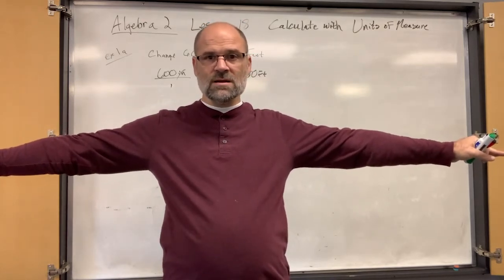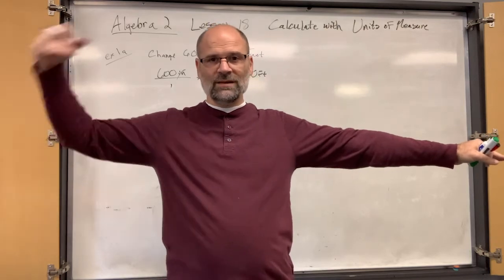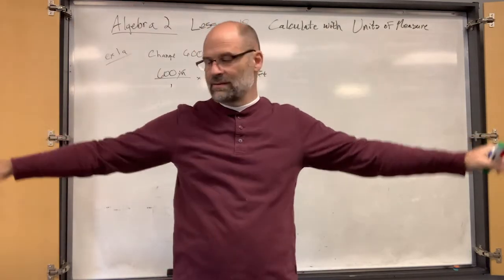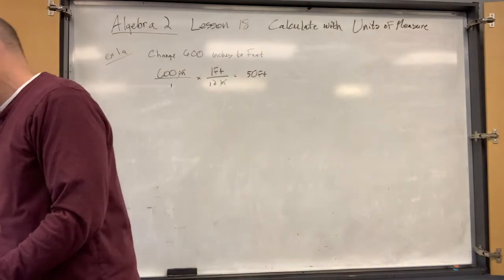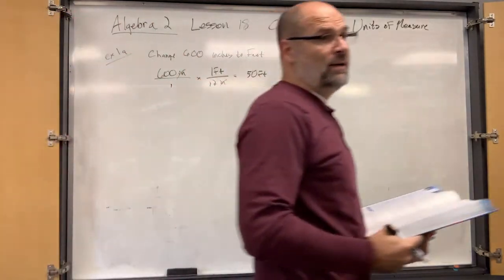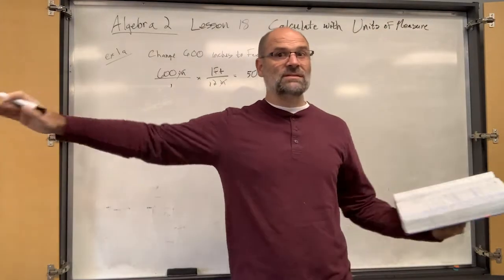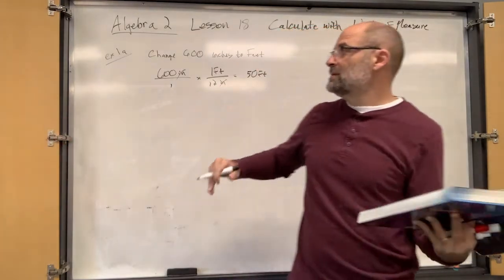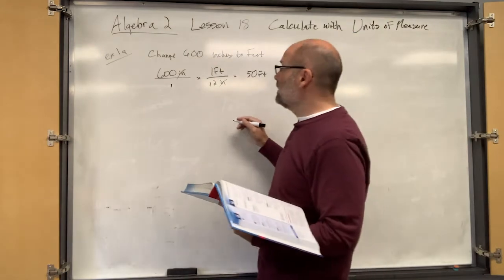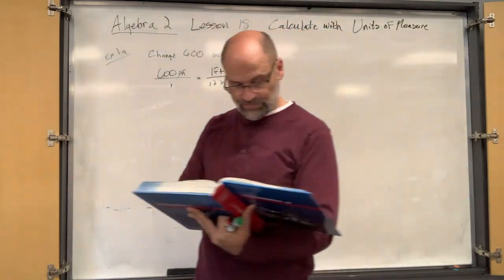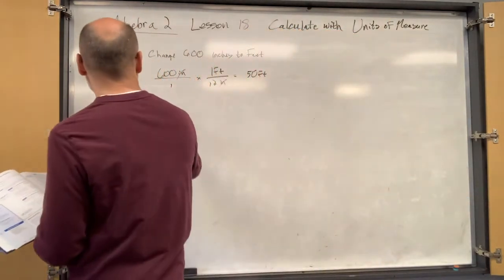It helps because I'm bald, it's like a little dot. So you're going from inches to feet, which is division, so you're going to divide by 12. We do too many of these in physics.